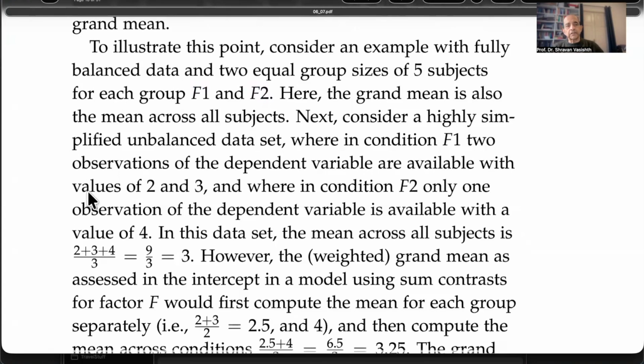But suppose you have an unbalanced design where in condition F1 there are only two observations, with the values 2 and 3, and in condition F2 there's only one observation, with a value of 4. So in this case 2 plus 3 plus 4 divided by 3, the grand mean of the entire vector, would be 3.